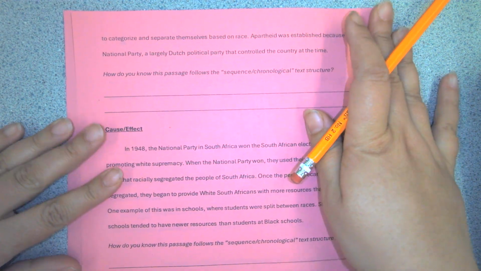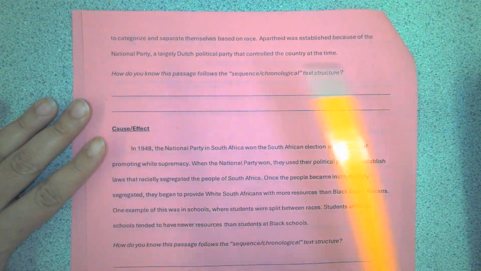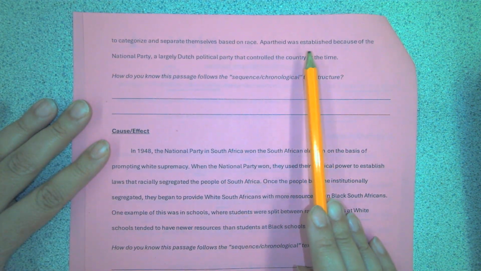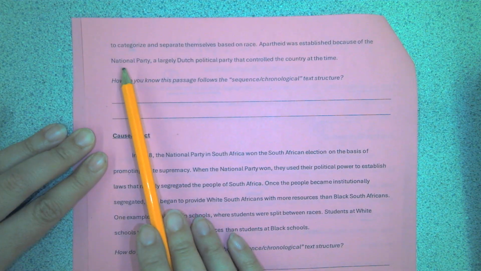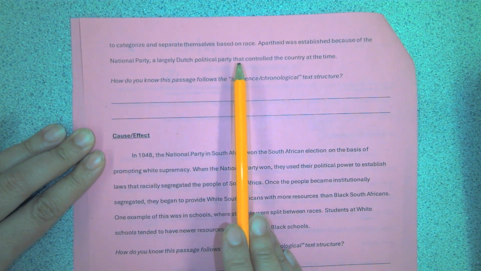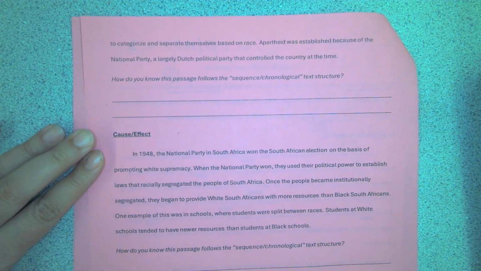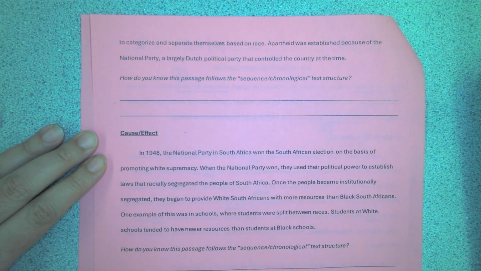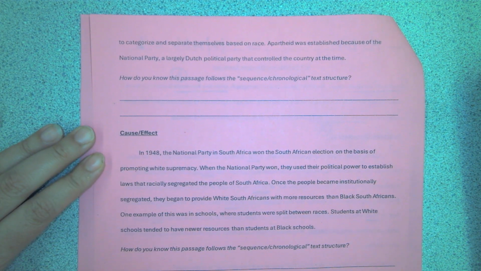Let's read that last sentence and see if there's any other clues. Apartheid was established because of the National Party, a largely Dutch political party that controlled the country at the time. Okay, this one is kind of tricky.